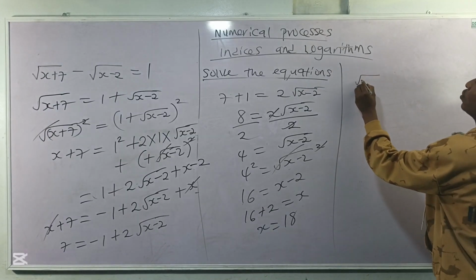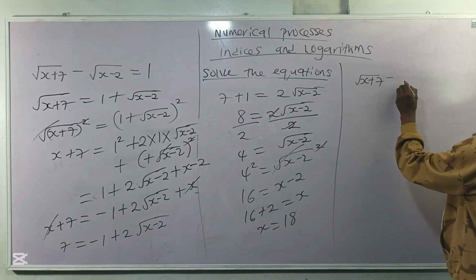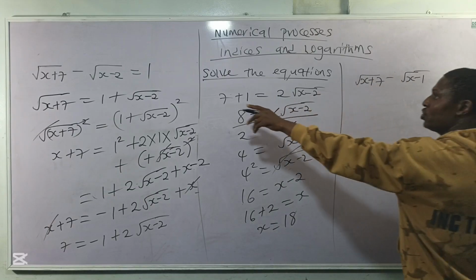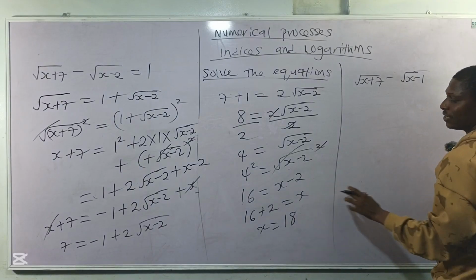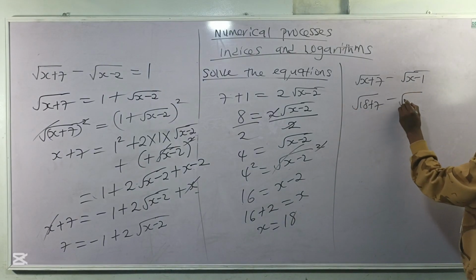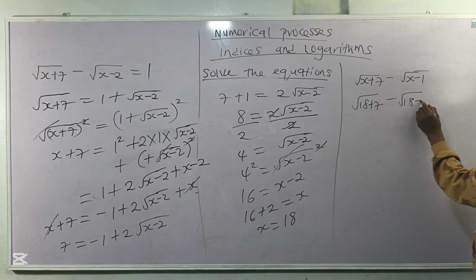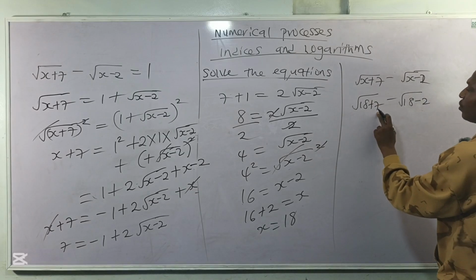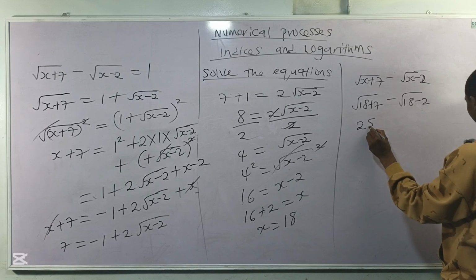So let's check if x being 18 is correct. We have root x plus 7 minus root x minus 2. So let's solve this if it's going to equal to the 1 we have here. x is what? 18. So I have root 18 plus 7 minus root 18 minus what? 2. So I have 18 plus 7 is what? 25.